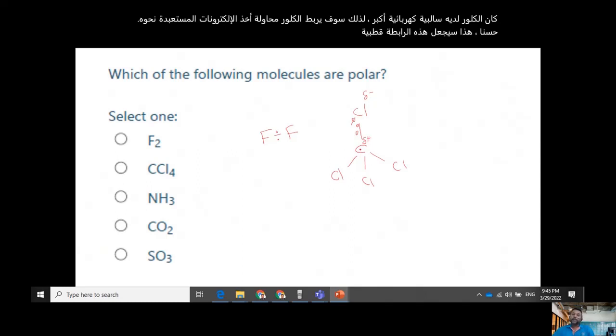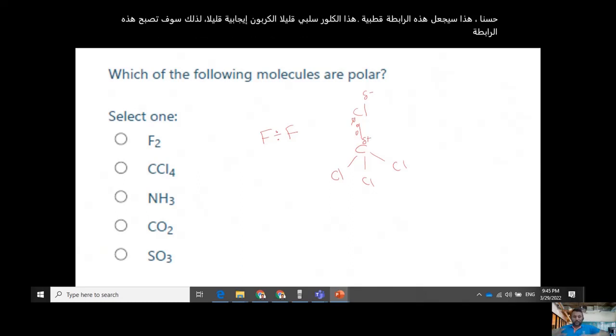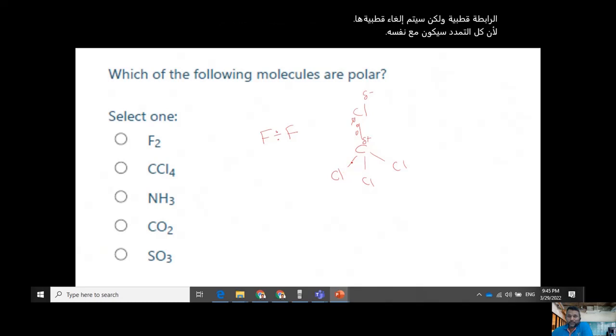So this bond will become polar, but their polarity will get cancelled out because all the pulls are with the same force. Like if you are pulling in all four directions with the same force, it will get cancelled out because this is a symmetrical molecule.